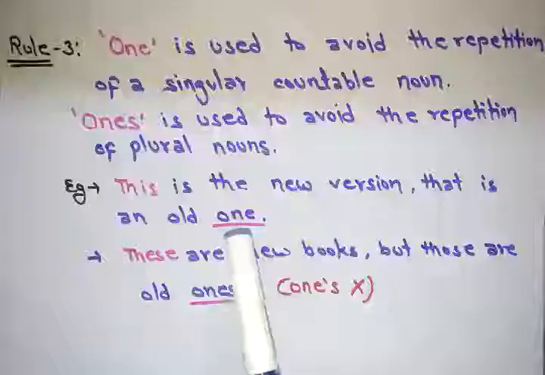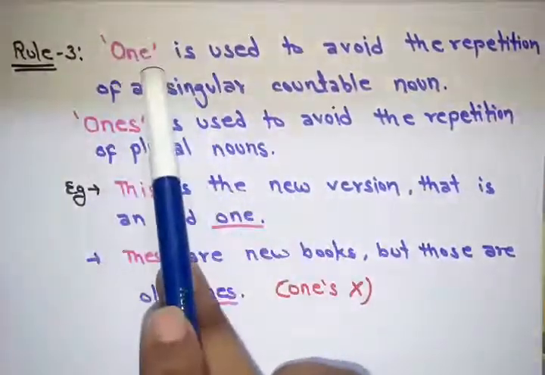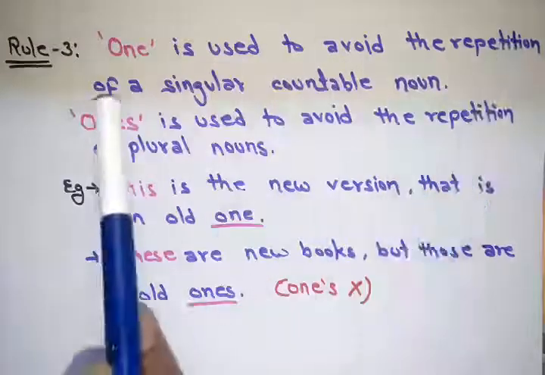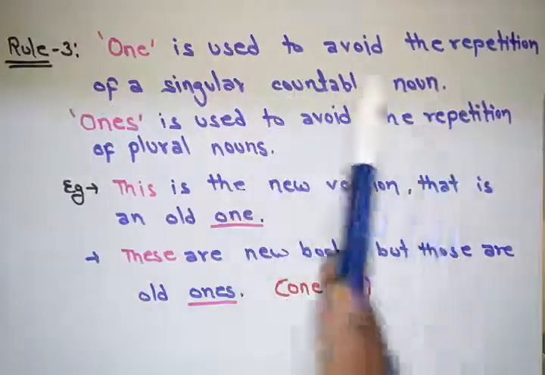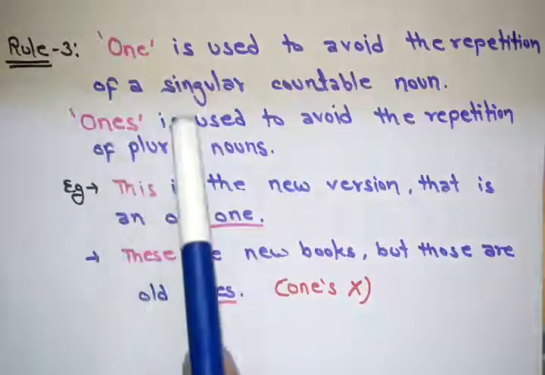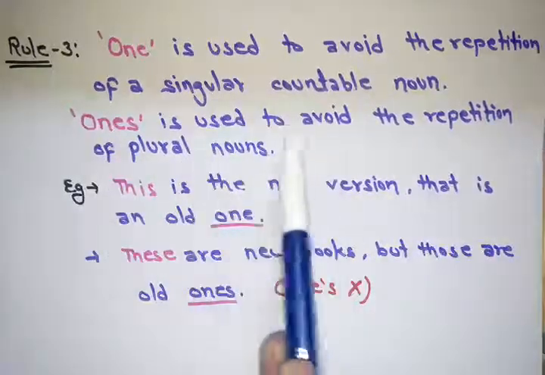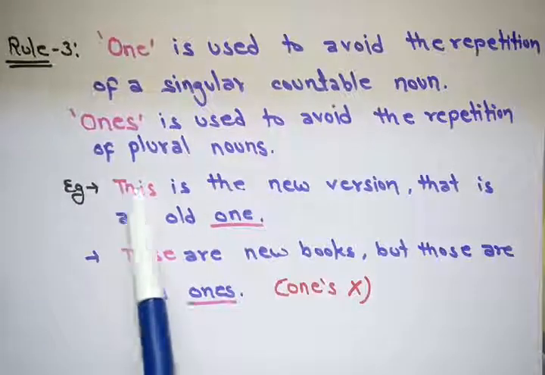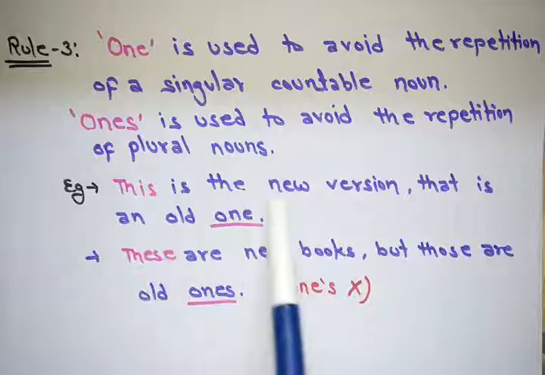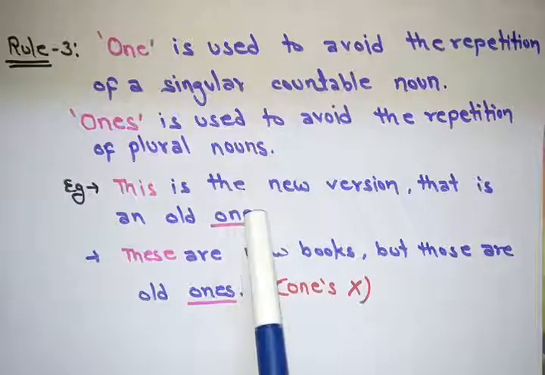Okay. Now rule number three: one. One is very confusing. One is used to avoid repetition of a singular countable noun, and ones is used to avoid the repetition of plural nouns. Let's see how. This is the new version, that is an old one. So one is used to avoid repetition of a singular countable noun.